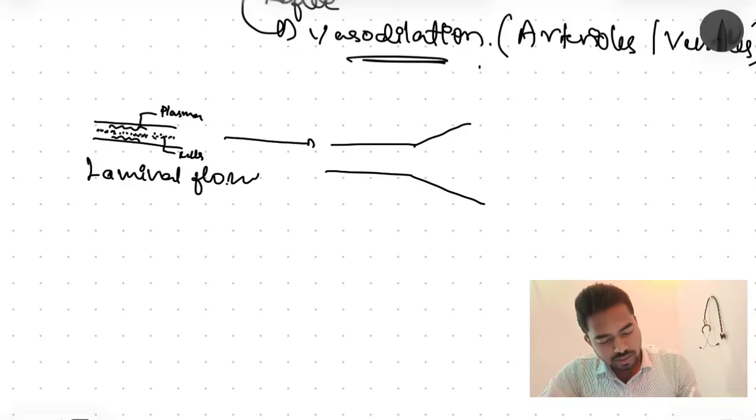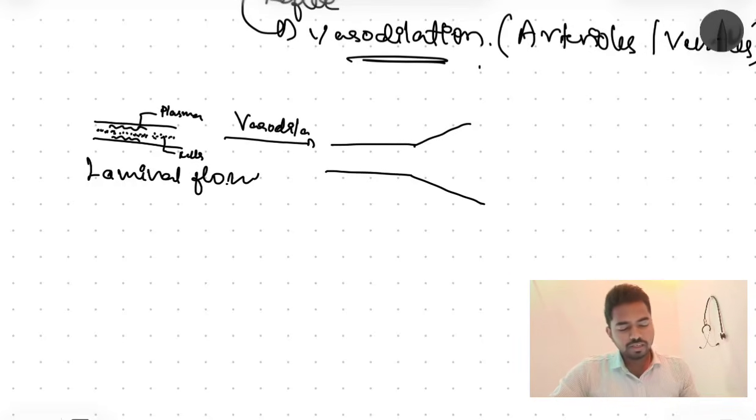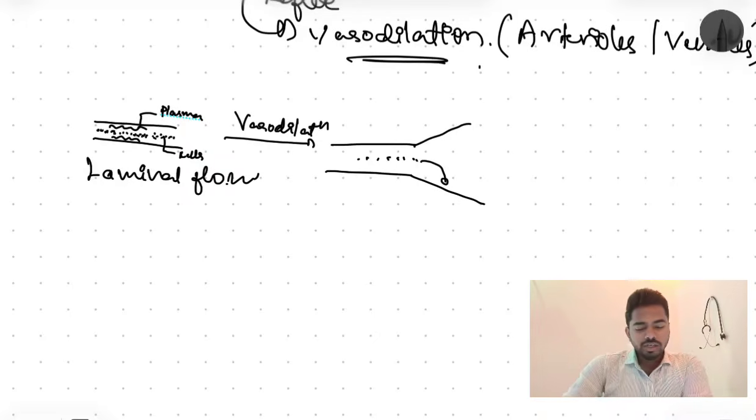When there is vasodilation, these cells will come to the periphery, come near the endothelium. Why does it occur, guys? You can relate it to a running water tap.